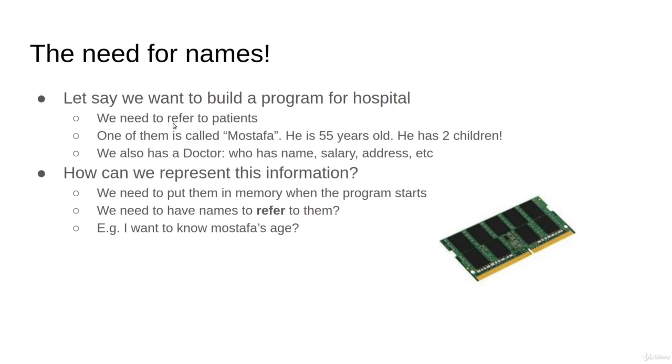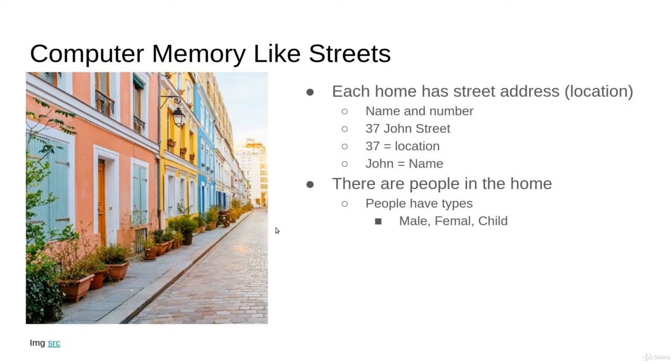One interesting thing here is that if we have information and we store it in the computer, like 55 for my age in years, we need to refer to it in the memory. So while we need to put this information somewhere, like let's say in the RAM, we need to refer to it. And this brings us to the idea of variables.